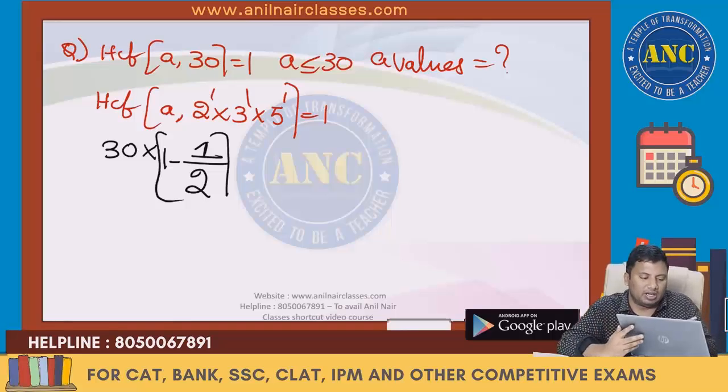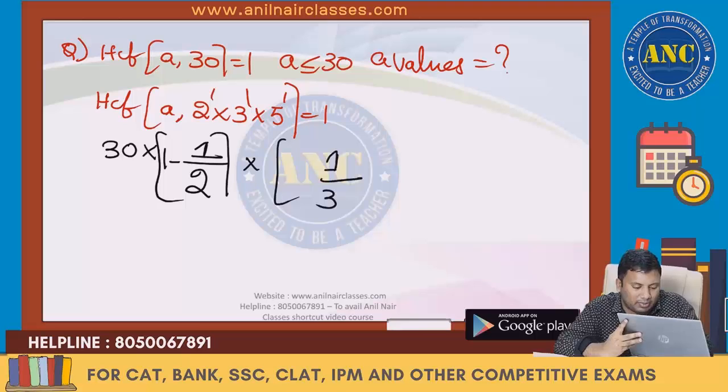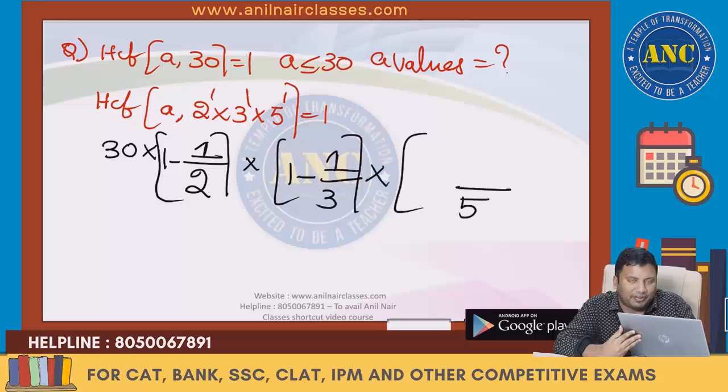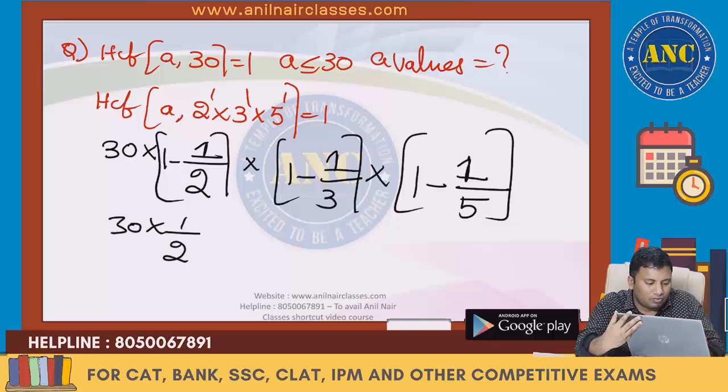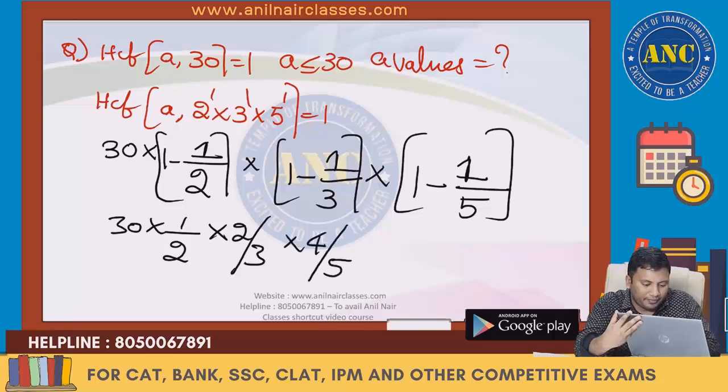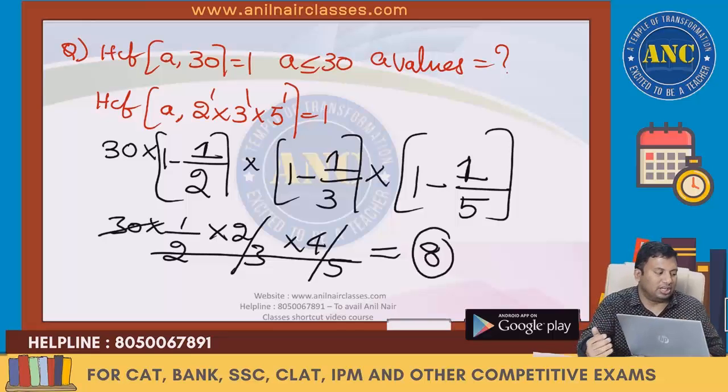Remaining is 1 minus 1 by 2. Out of every 3 consecutive natural numbers, one number is divisible. Remaining is 1 minus 1 by 3. Out of every 5 consecutive natural numbers, one number is divisible. Remaining is 1 minus 1 by 5. So 30 into 1 by 2 into 2 by 3 into 4 by 5. 15 2s are 30, eliminated. The answer for this question is 8.